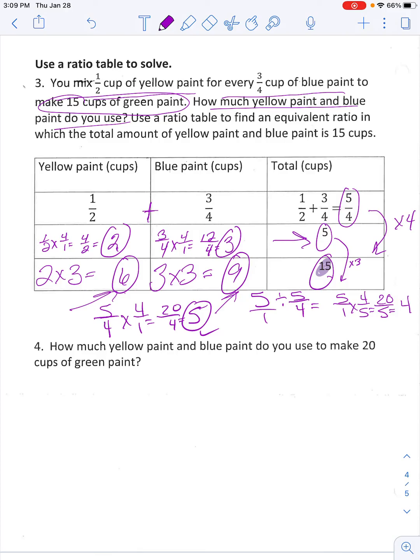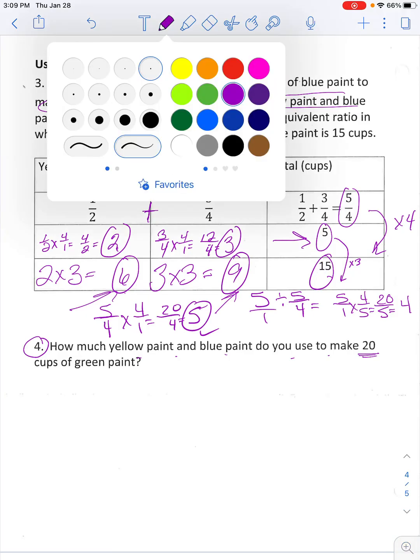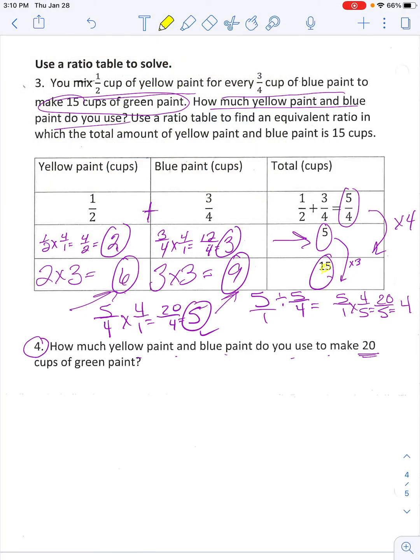Okay. And then, of course, it makes it go one step further. How much yellow paint and blue paint do you use to make 20 cups of green paint? Well, if you look at the bottom row, 15, we can't get from 15 to 20 very easily.